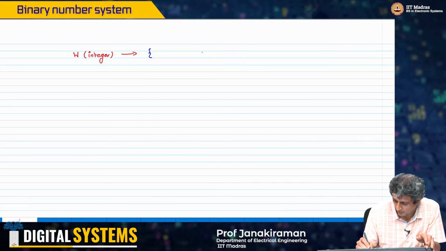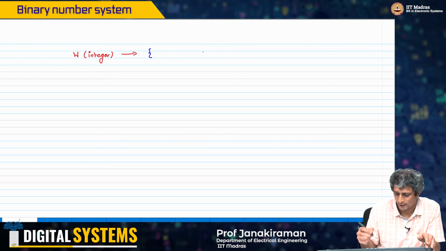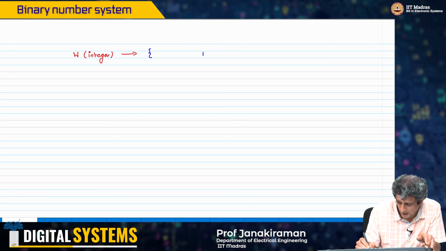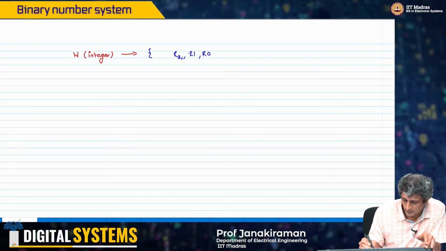I am going to write it from right to left for a certain reason. R0, R1, R2, and R3.